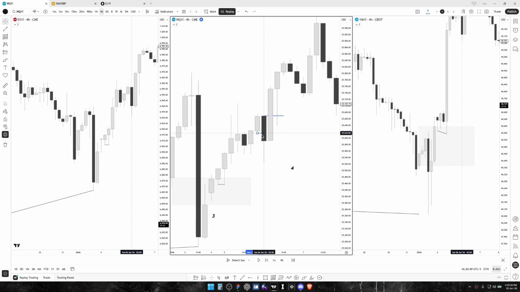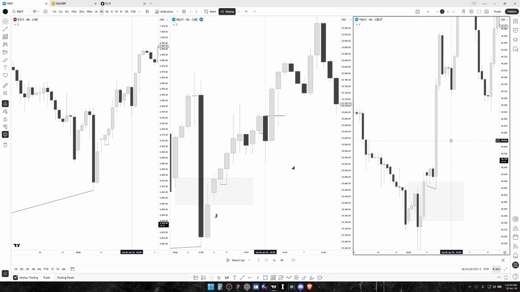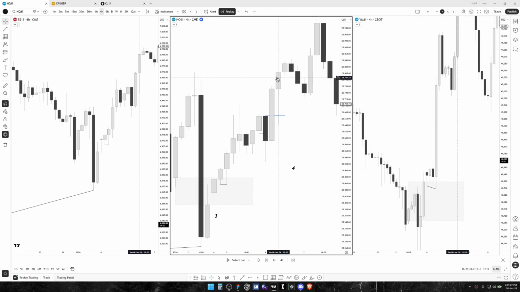Candle 2 closed the body below the wick. So that means we wait for candle 3 to close, and then we trade candle 4, because candle 4 will retest the order block here. Make sense? Yeah, makes sense.